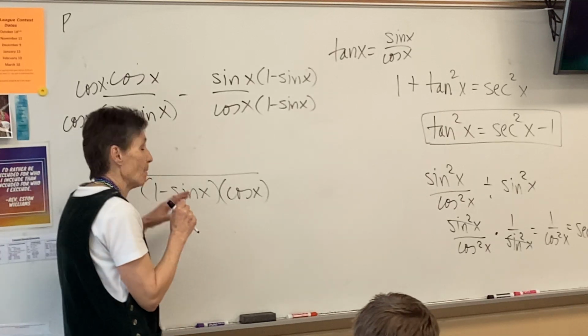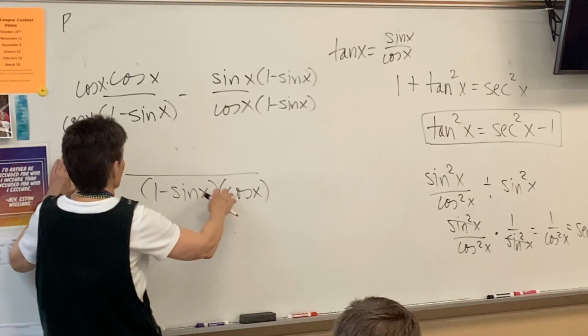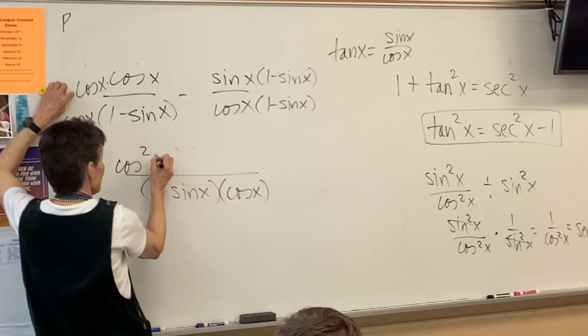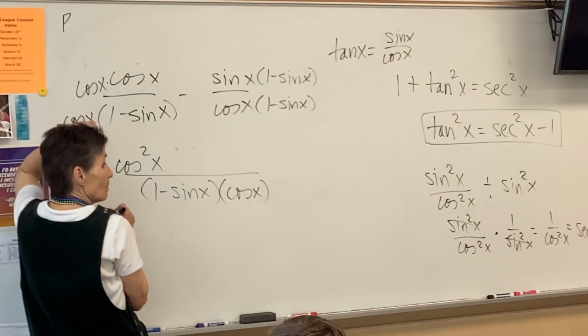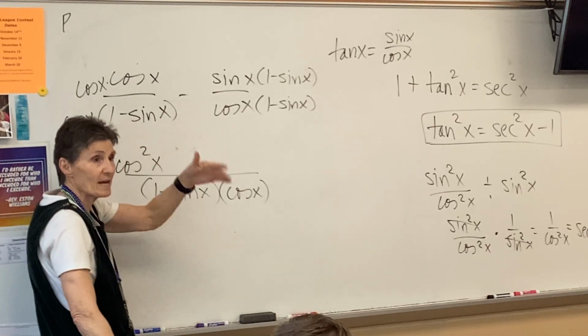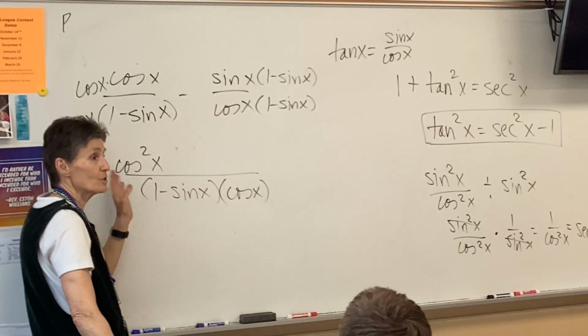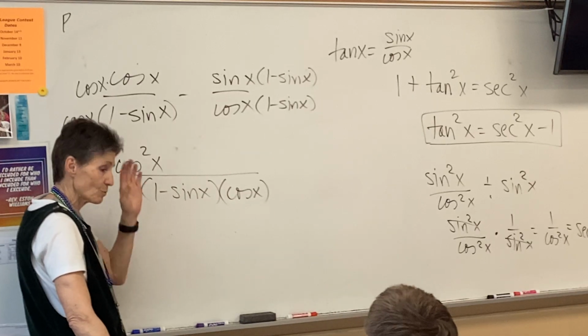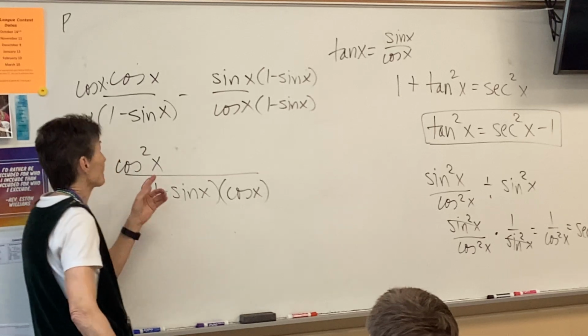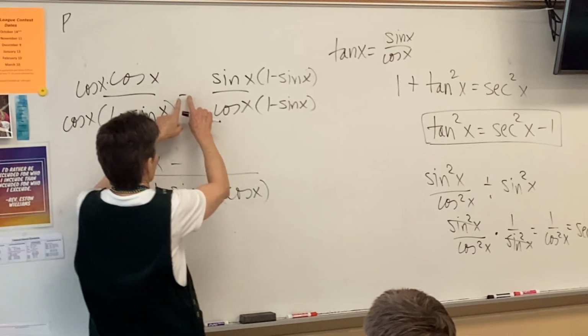Now, what have I got up on top? Here I've got cosine squared. Please remember, you must have an x or a theta or something with your cosines and sines. You can't just write tan. It has to be tan x. All right, minus 1. Here I go.